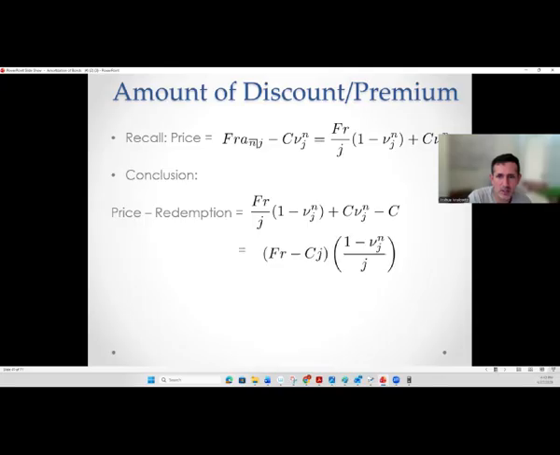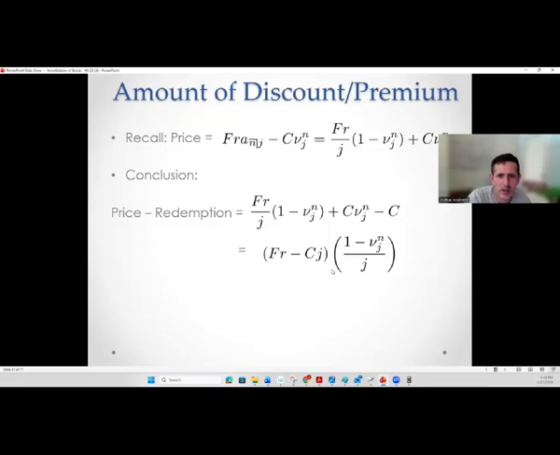And just factor, basically, FR minus Cj. Remember v^n is just one, well sorry, all you do is factor this out and you'll see that. I may not factor it out, but if you distribute here, you get this.